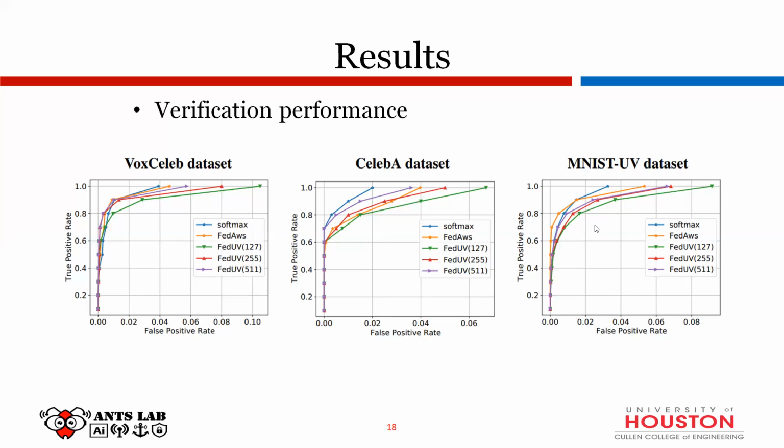So from these three performance results, they're not trying to say that FedUV outperforms all those previous ones. They're trying to say that FedUV is on par with all those existing approaches for user verification.